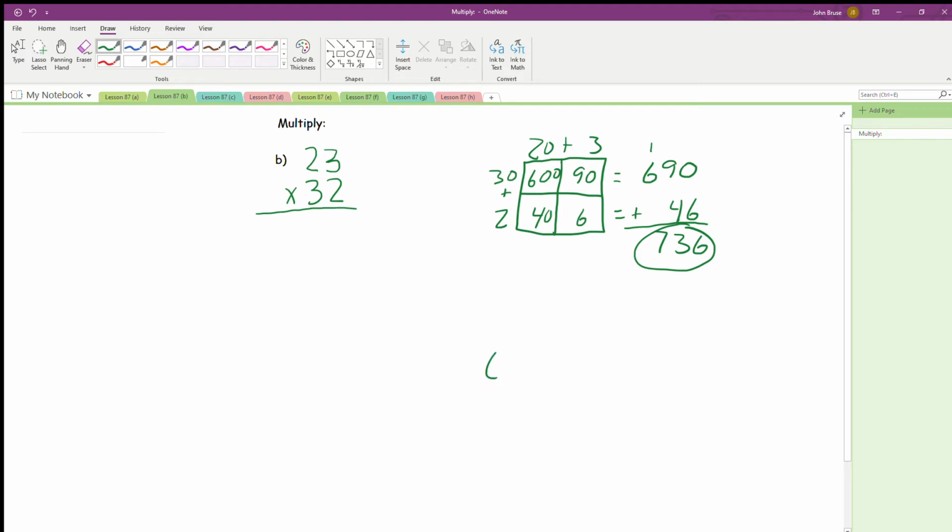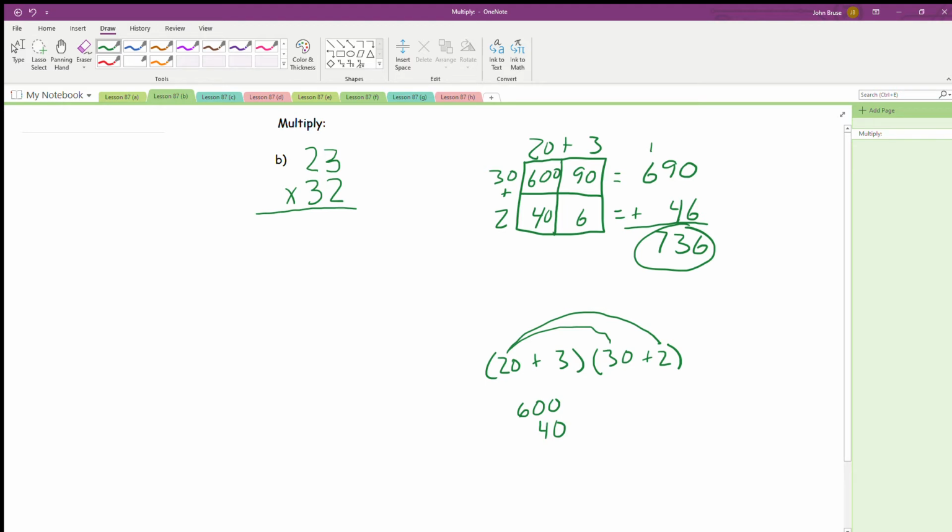We'll do one with the rainbow method. We've got 20 plus 3 times 30 plus 2. We're going to solve 20 times 30, which is 600. We're going to solve 20 times 2, which is 40.